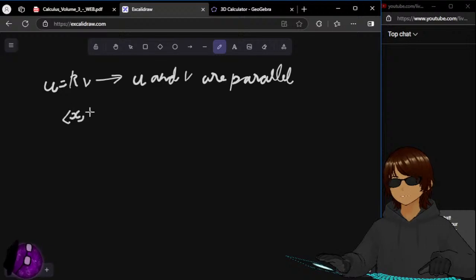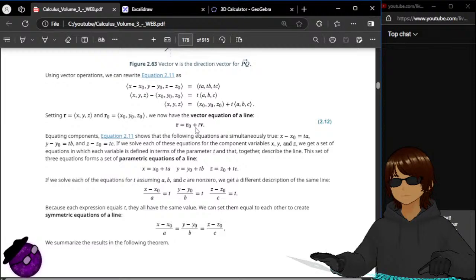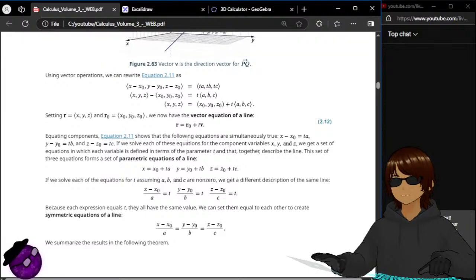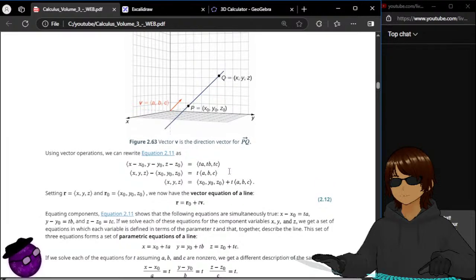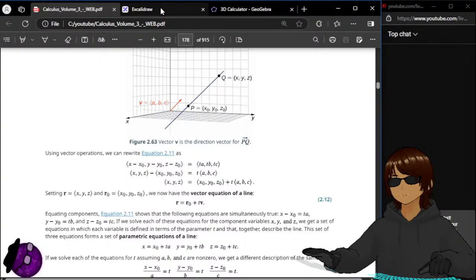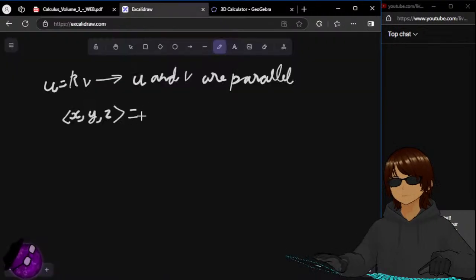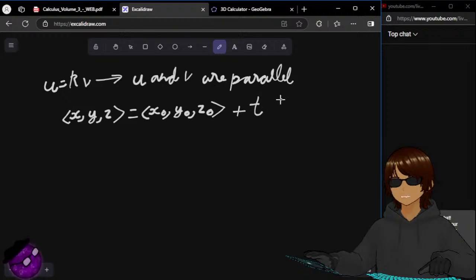So x, y, z is equal to r0, some fixed point. Yeah, r0 is the fixed point and v is the vector which is the same direction as the line. x0, y0, z0 plus t times a, b, c.